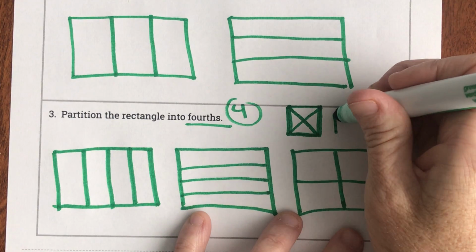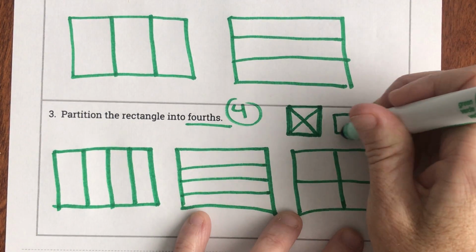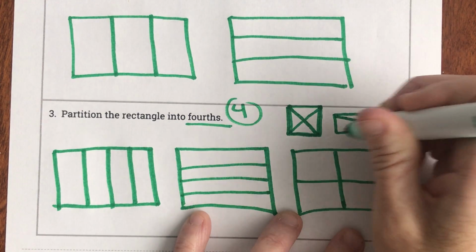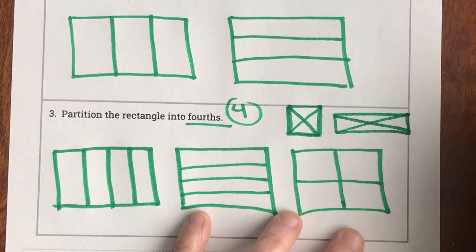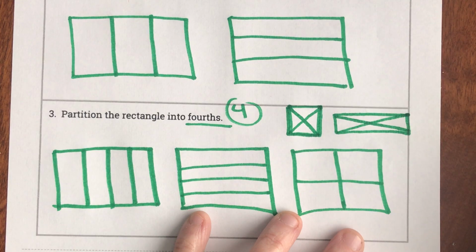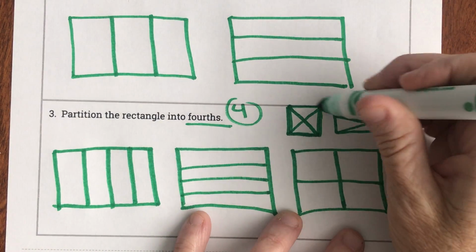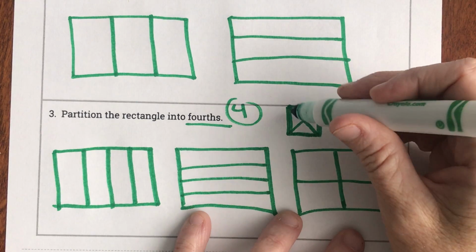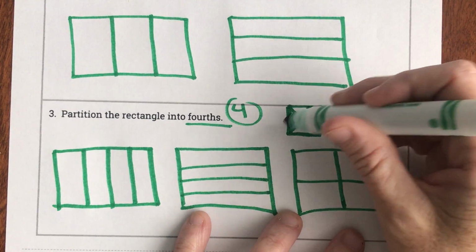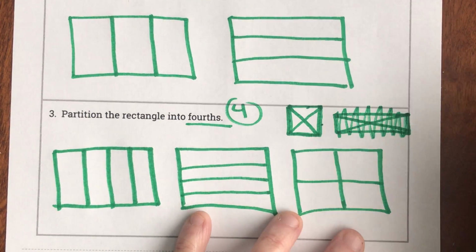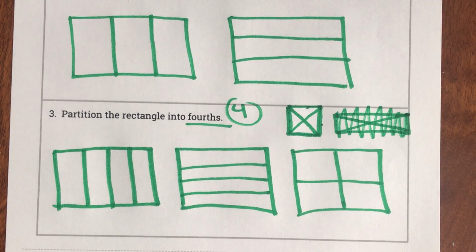But if we would have made a long skinny rectangle and I tried to make diagonals, do those look like they're going to be really equal? No, not necessarily. So this would only work if it was 4 equal sides, which is a square. It would not have worked for that. So why don't you cross that one off or erase that one?